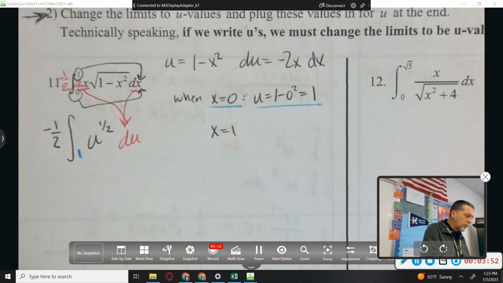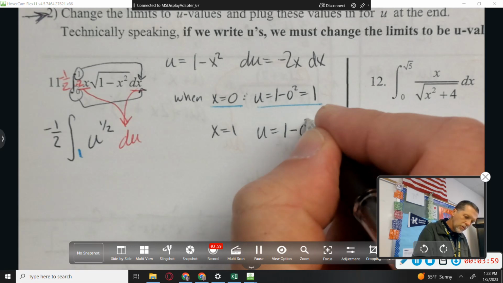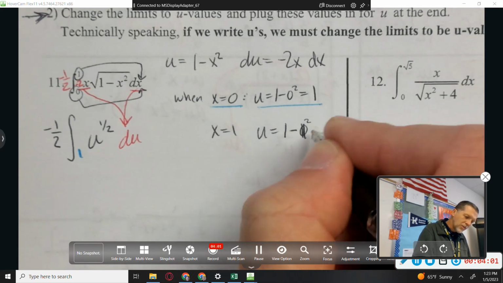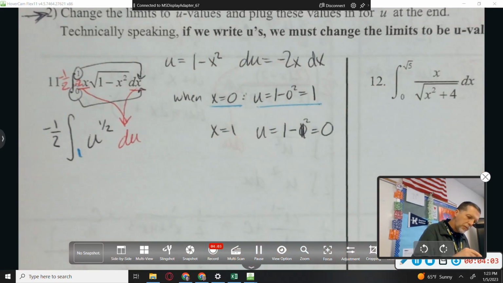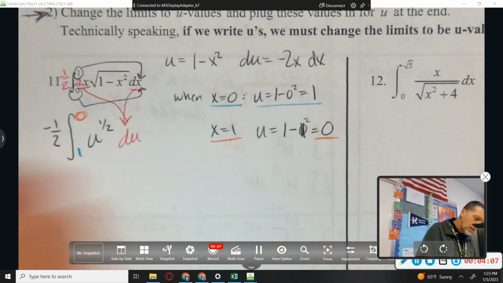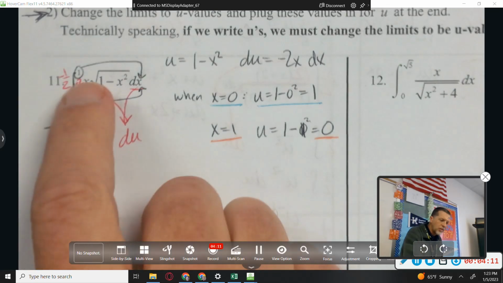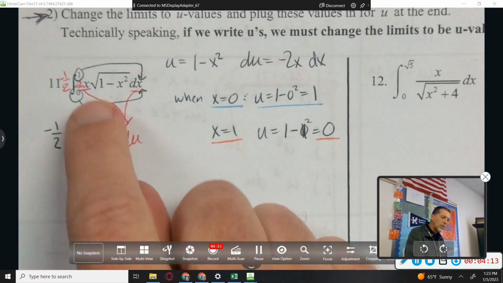All right, when x equals 1, u equals 1 minus 1 squared, which would be 0. That's kind of confusing. So it looks like they traded places, but they did not trade places. The 0 became a 1, and the 1 became a 0.